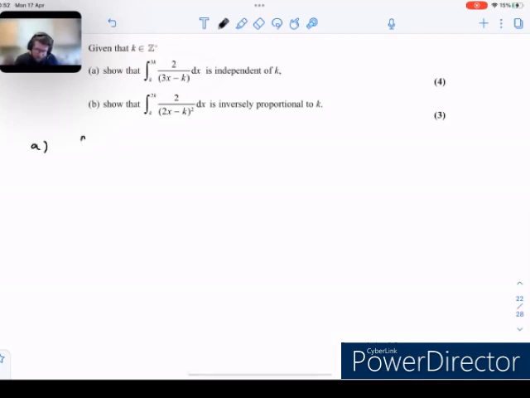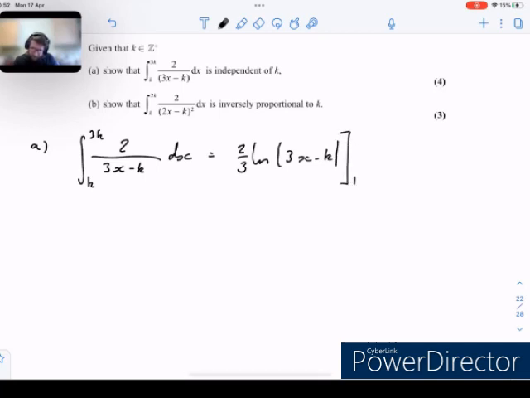So we are doing the integral from k to 3k of, let's take that 2 out and just rewrite this as, it's just going to be a log, isn't it? Now let's just leave it then. We'll just leave it as is. So this becomes 2/3 times the log of 3x minus k.